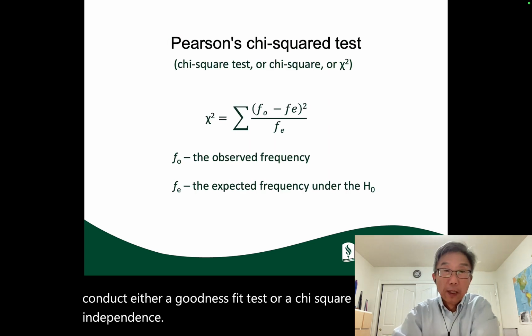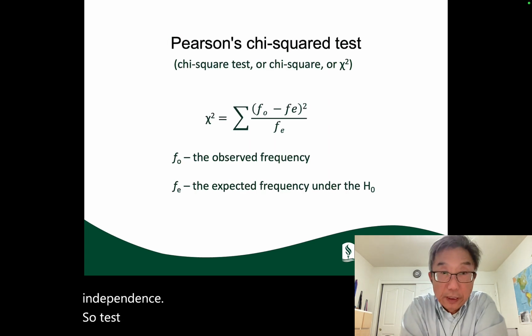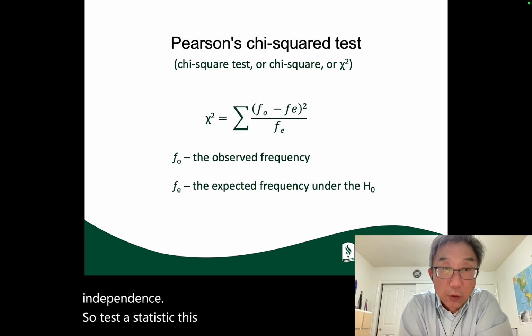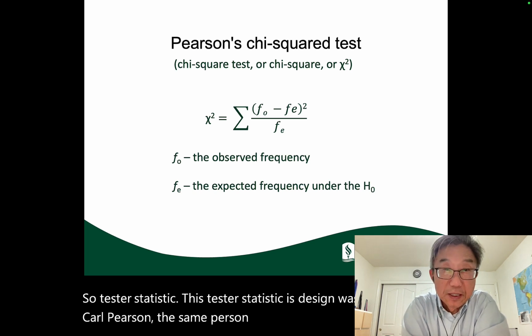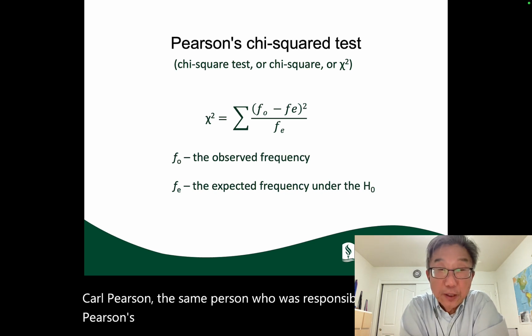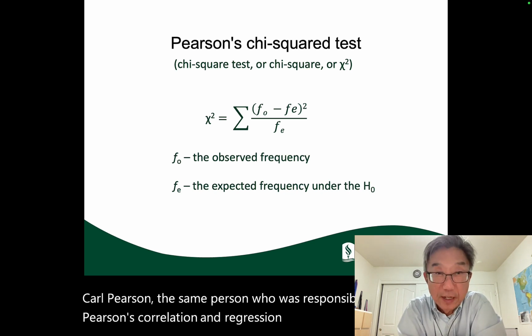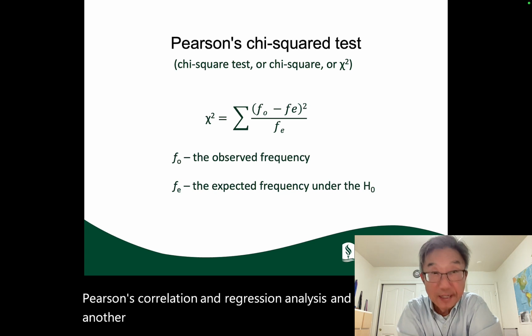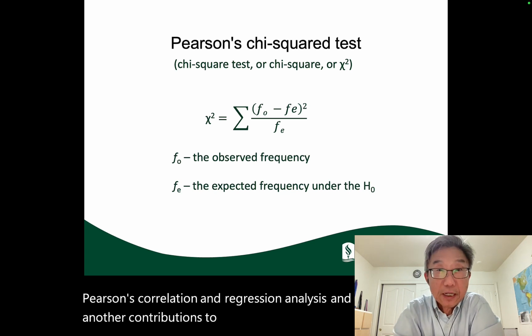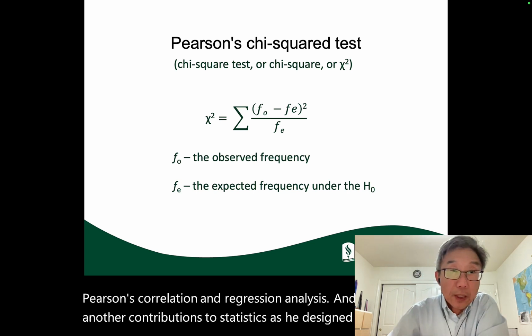So, the test statistic. This test statistic was designed by Karl Pearson, the same person who was responsible for both Pearson's correlation and regression analysis. This is another one of his contributions to statistics: he designed the chi-square test.